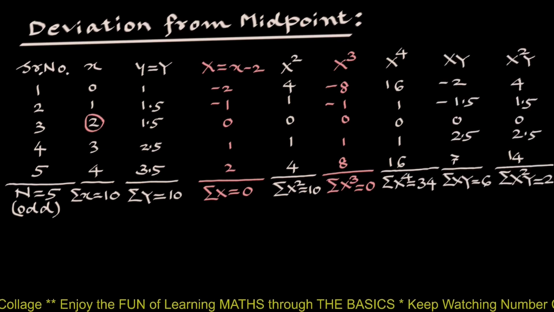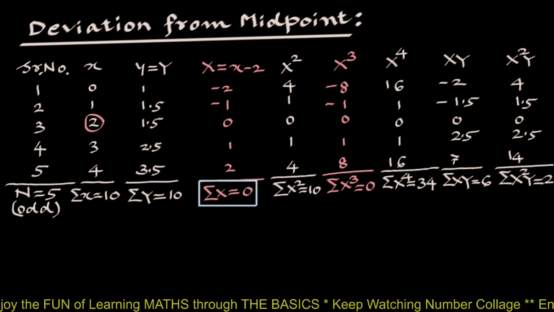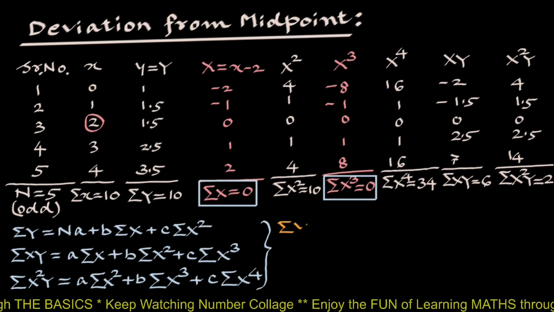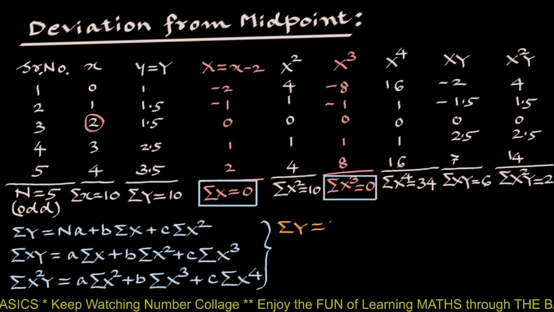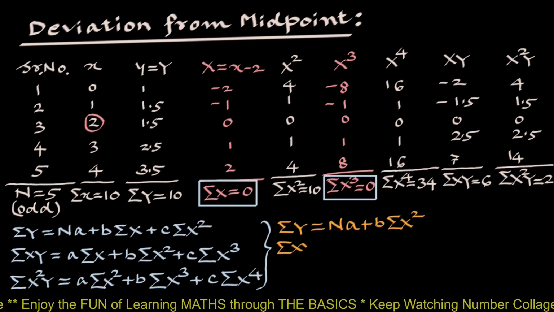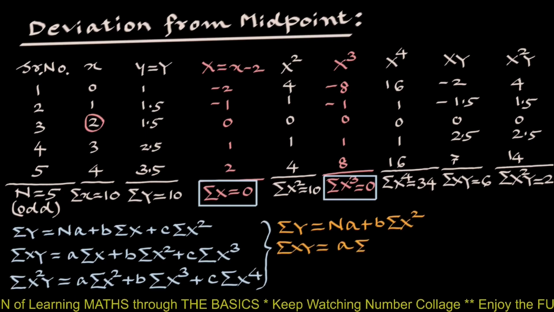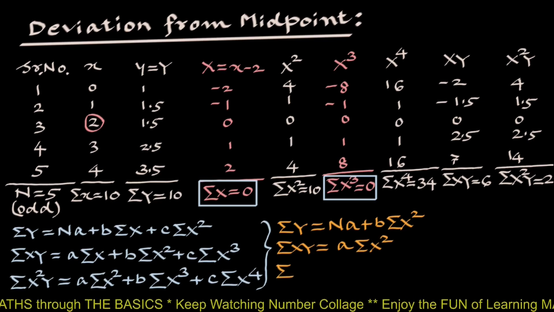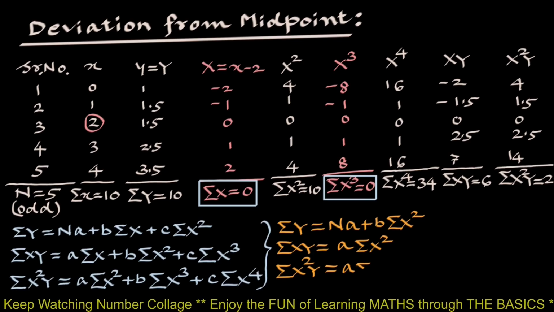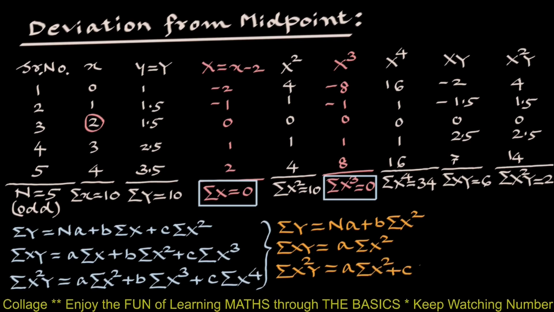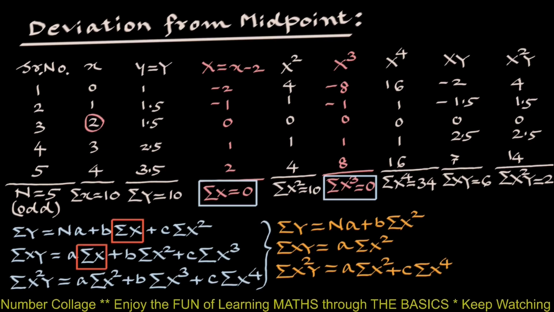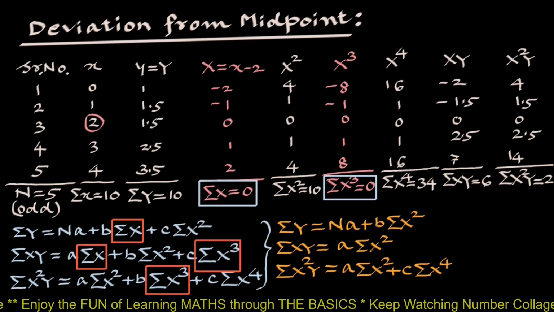Since summation X and summation X cube are 0, the normal equations reduce to summation Y equals na plus c summation X square, summation XY equals b summation X square, and summation X square Y equals a summation X square plus c summation X raised to 4, because here summation X and summation X cube are each equal to 0.